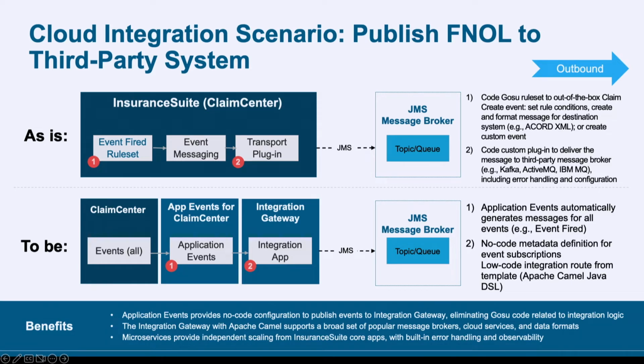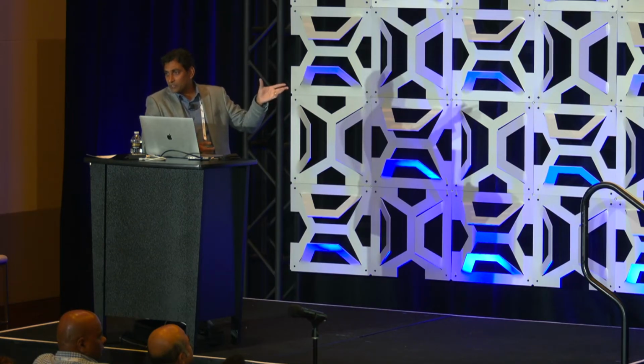Once that happens, you can send those events to the Integration Gateway to do additional transformation. You can do whatever you want, again using the low code DSL. So you see the paradigm shift: from everything in one place, now you're using multiple cloud integration components together to solve this problem.